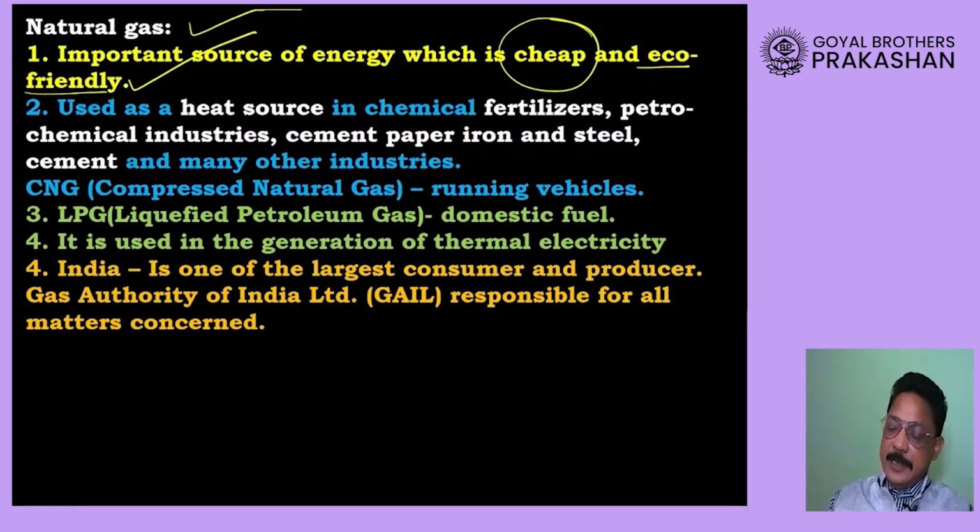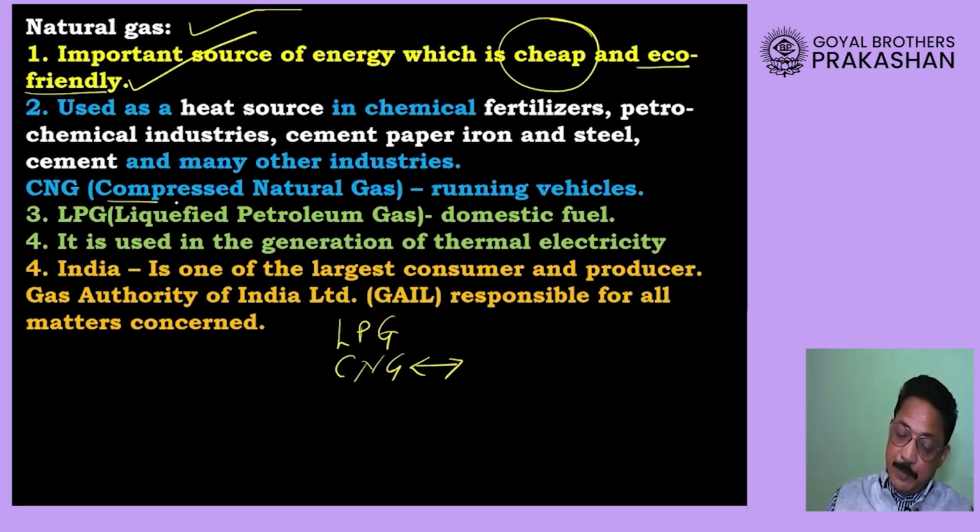This natural gas can be converted into LPG, that is liquefied petroleum gas, which is a very good fuel, and also CNG, which is also an excellent fuel. CNG, you must be knowing, stands for compressed natural gas.